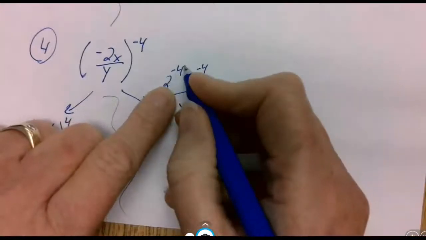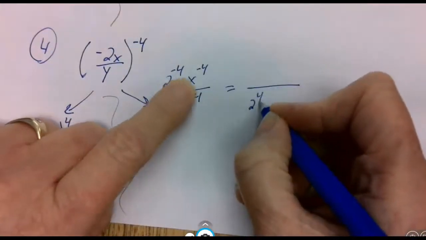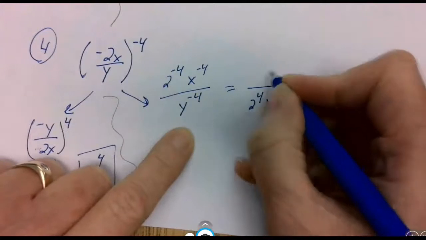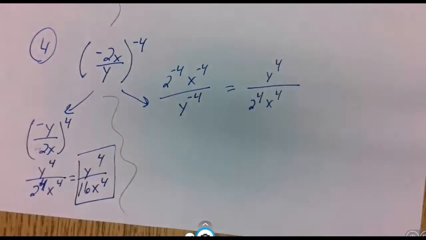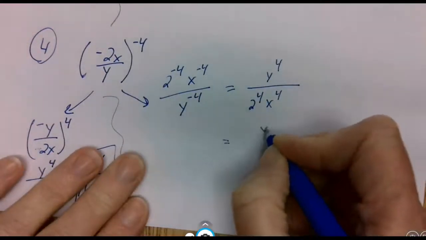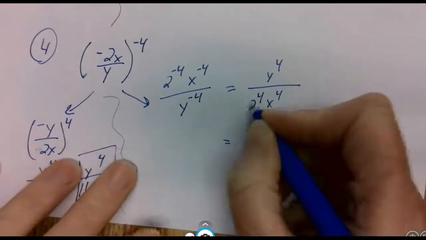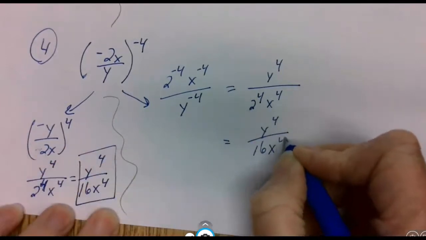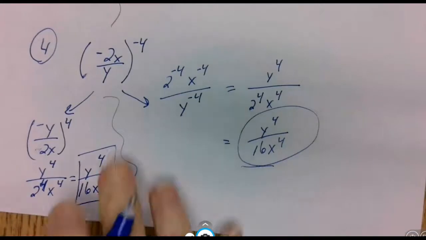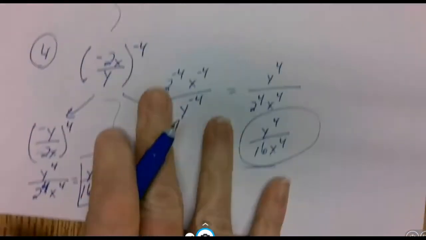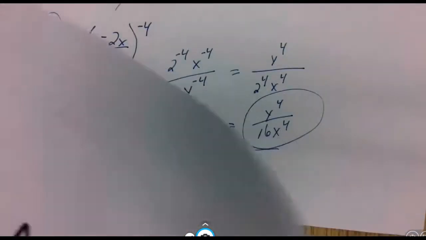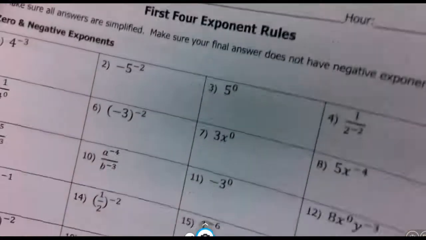So then I have 2 to the negative 4 makes it move. X moves. Y moves. And I get y to the fourth over 2 to the fourth is 16, x to the fourth. Same answer, either way. Okay, so in your packet, it's slightly wrong order. That's my mistake. Sorry about that.